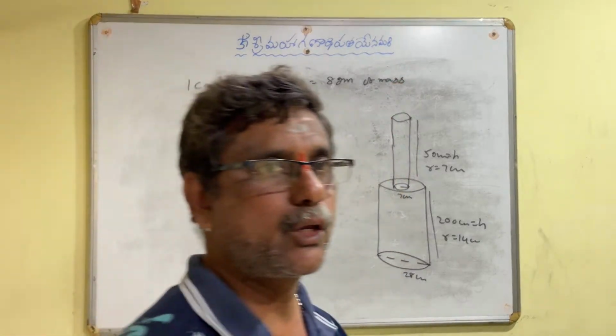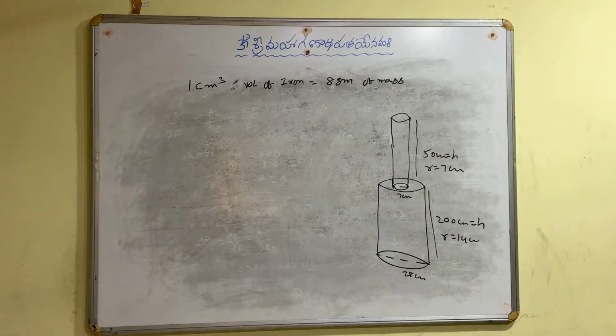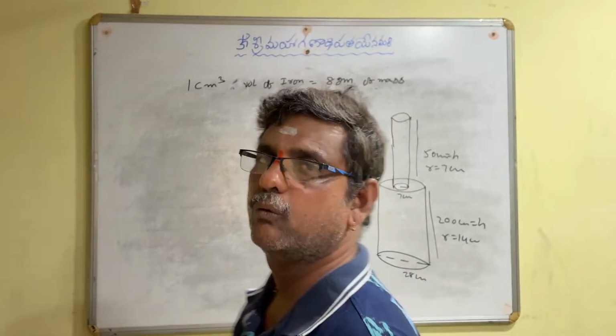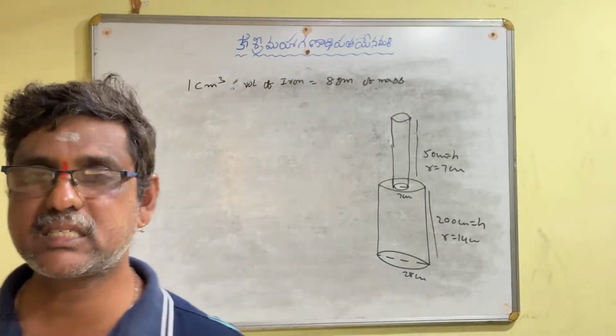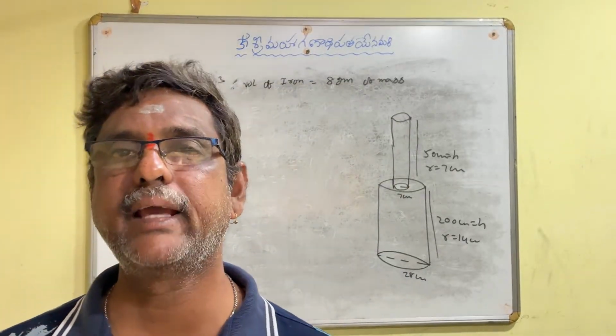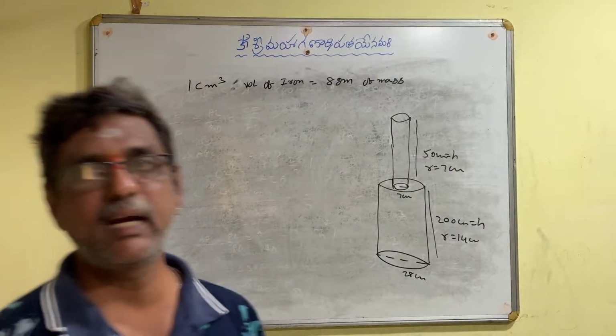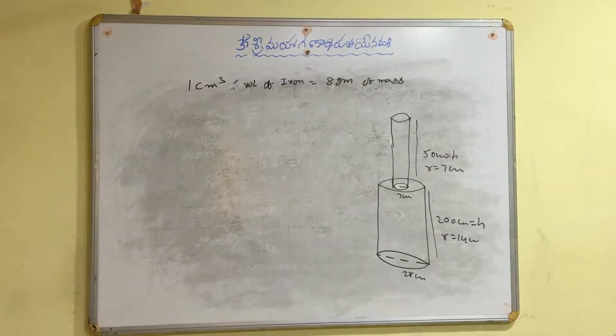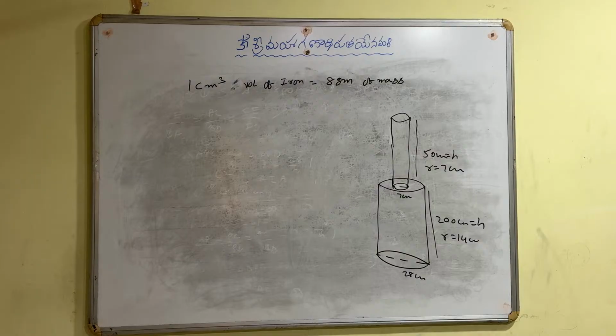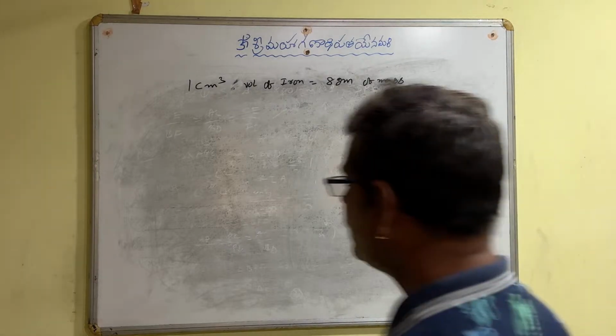So we need to find out the total volume of this pole, which consists of two cylinders, one on the other. First cylinder height is 200 centimeters, radius 14 centimeters. Second cylinder height is 50 centimeters, radius 7 centimeters. We need to find out the volume.